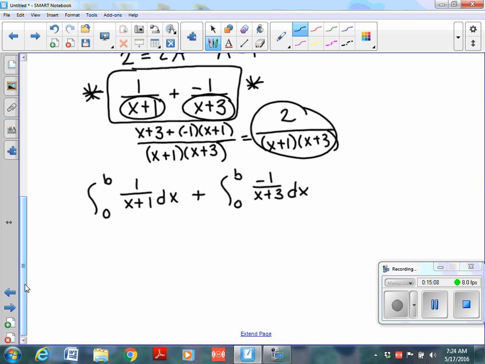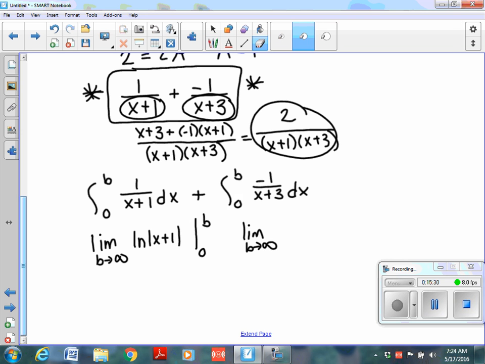And now, 1 over x plus 1 ends up being the limit, as b approaches infinity, of the natural log of x plus 1 from 0 to b, plus the limit, as b approaches infinity, of, let's switch this from a positive to a negative, and that makes it a little bit easier, the natural log of x plus 3 from 0 to b.